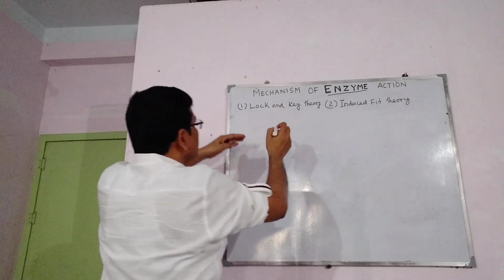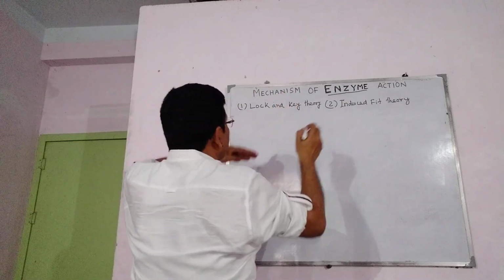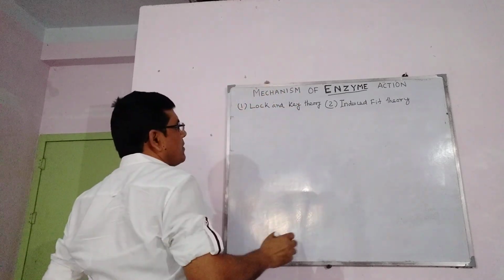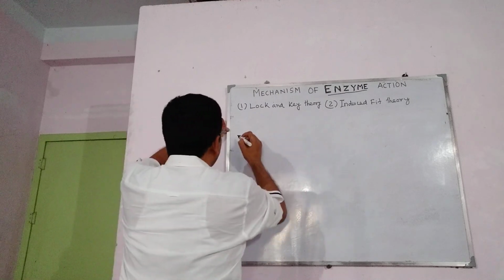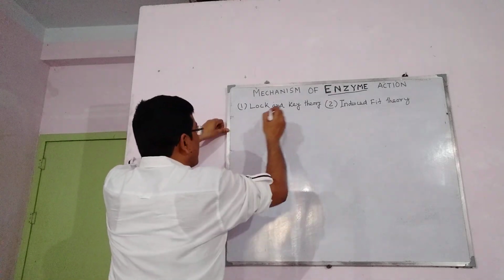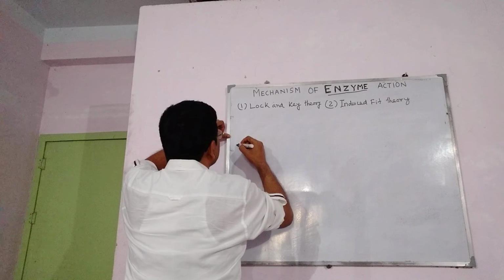By these two theories, you can explain the mechanism of enzyme action. So first of all, let us see the lock and key theory.